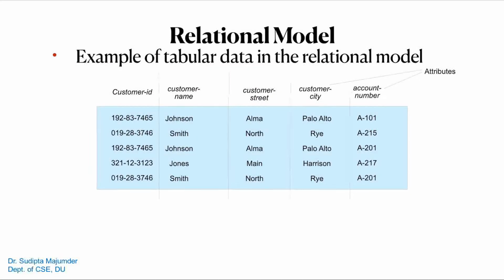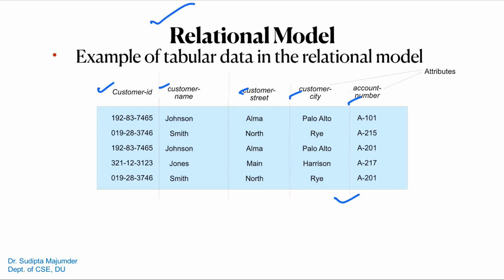Then come the relational models. The relational model uses a collection of tables to represent both data and the relationship among those data. This is a table, and this table is a collection of rows and columns. Each column has a unique name.